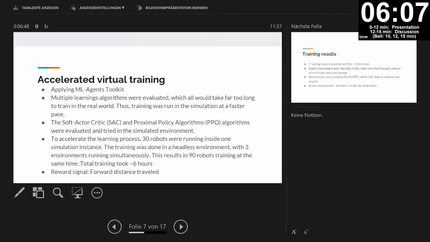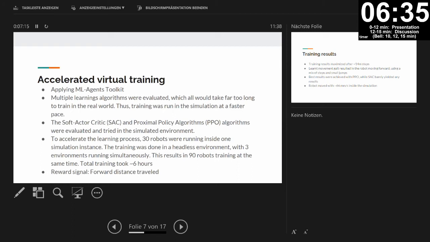So if the robot moves with this performance, we get a high reward. And if the robot does not move or does something strange, we get less reward. So we want to maximize the rewards. There are several algorithms you can use with several parameters, and these are the 2 we used for this simulation.